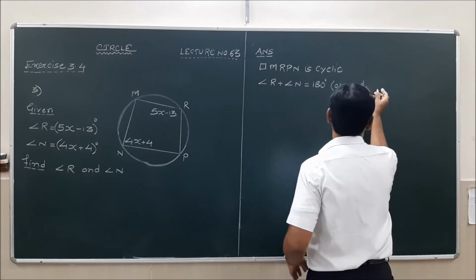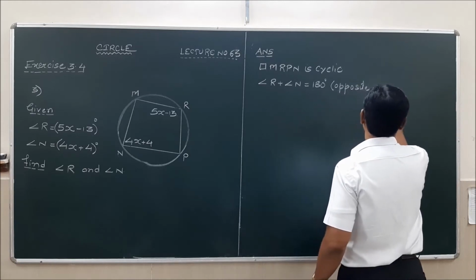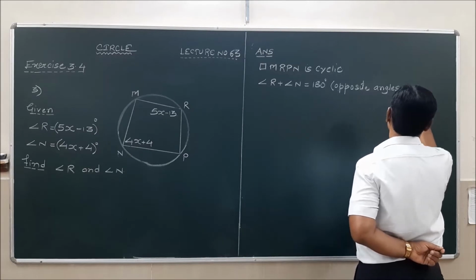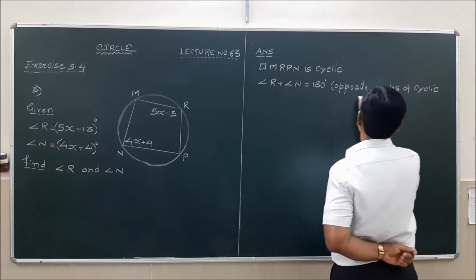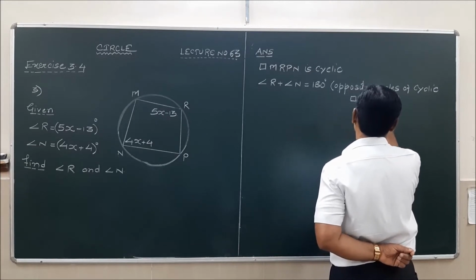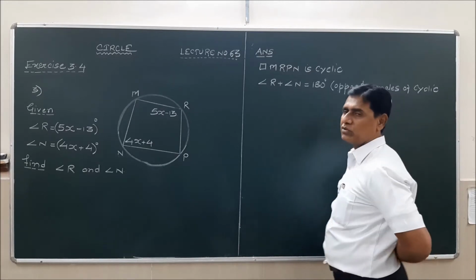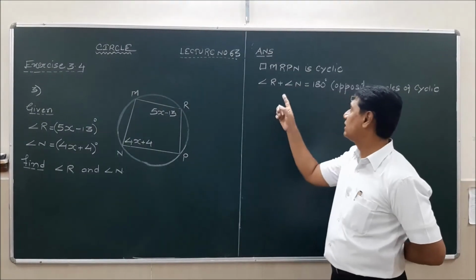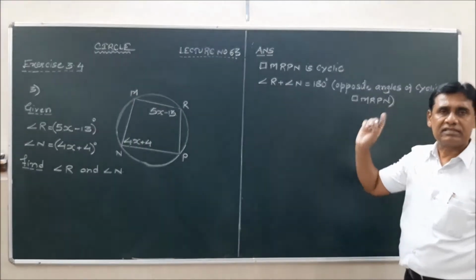These are opposite angles of cyclic quadrilateral MRPN, and opposite angles of a cyclic quadrilateral are always supplementary.